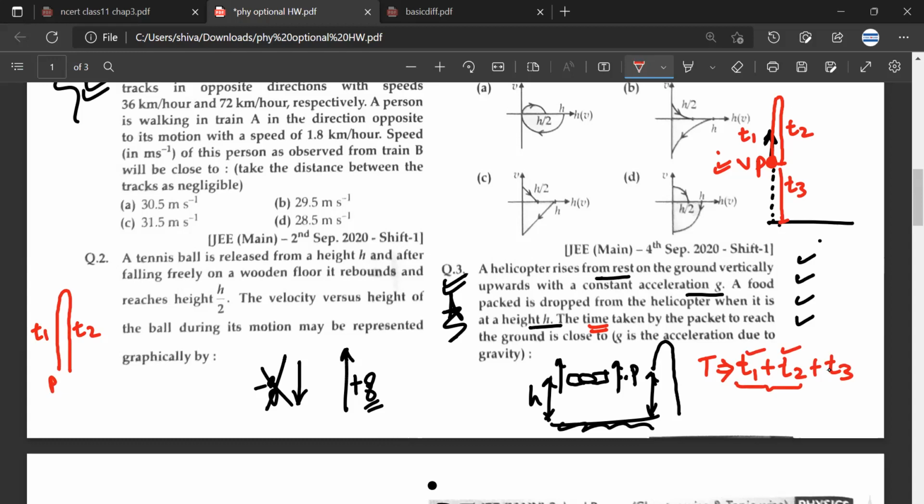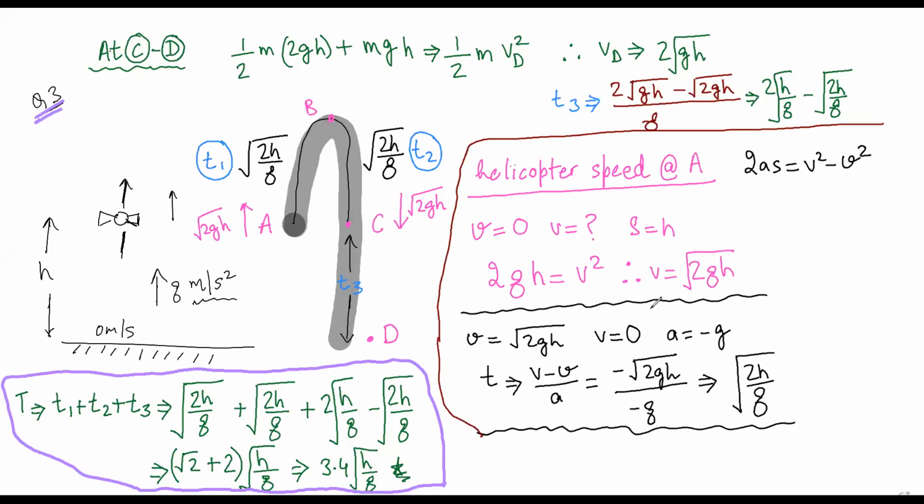Second thing that I will be using in this problem is, there are two things that I'll be using. One, so for example, if you throw a ball up, the time it takes to reach the highest point is the same that it takes to come back to its original point.